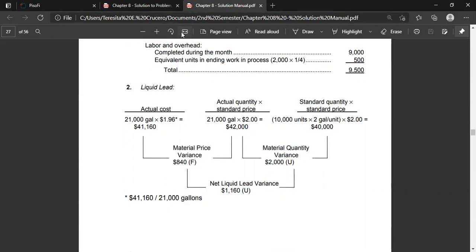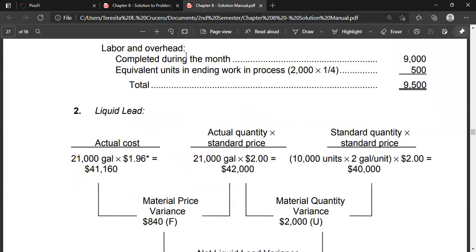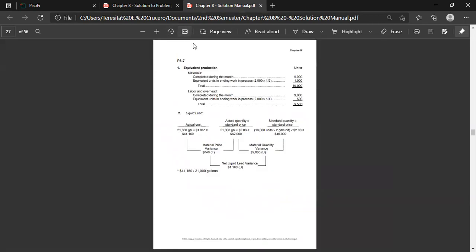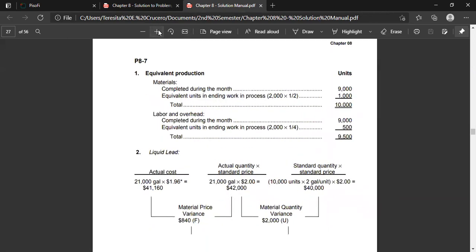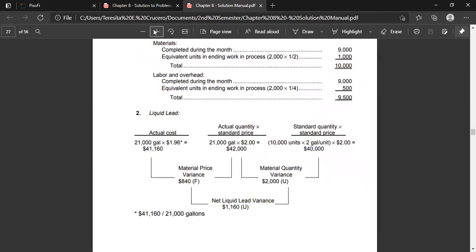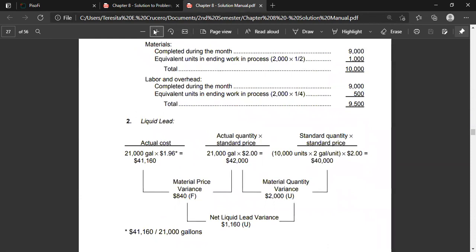Actually you are given the amount of 41,160, that's the cost of liquid lead used, and we divide that by 21,000 gallons. That gives us 1.96. And the actual quantity times the standard price, 21,000 gallons at 2.